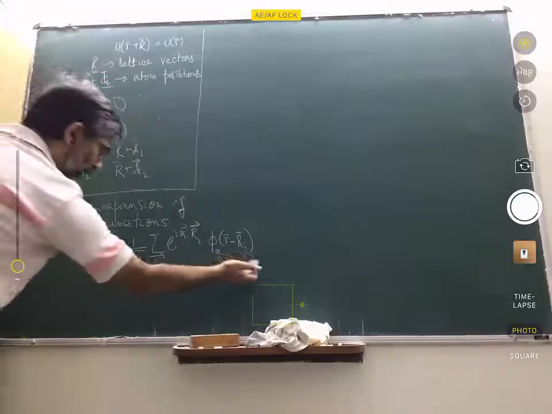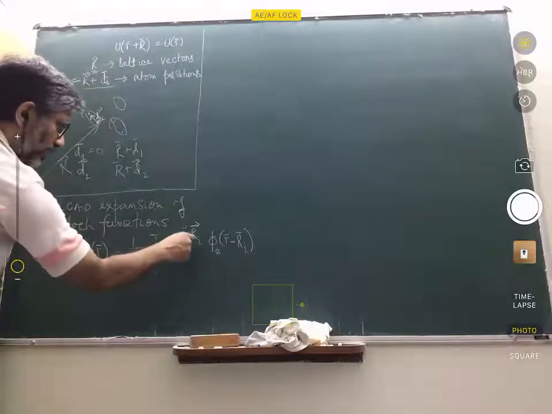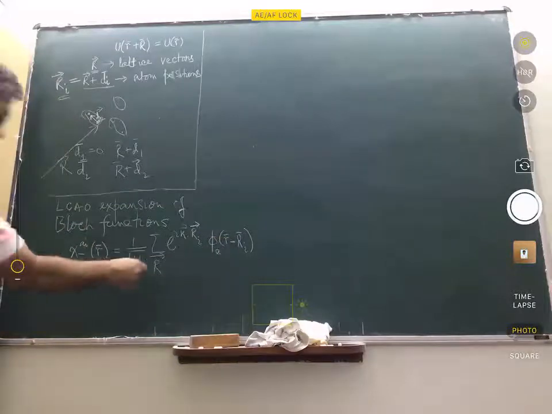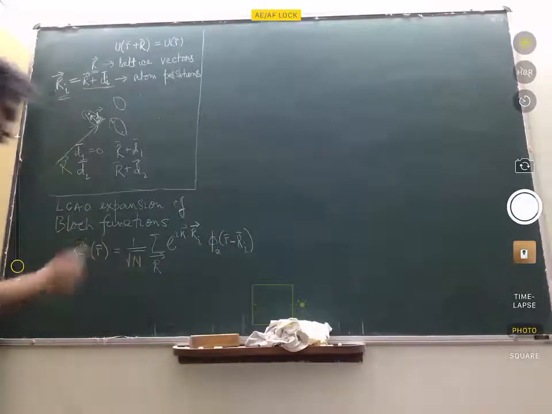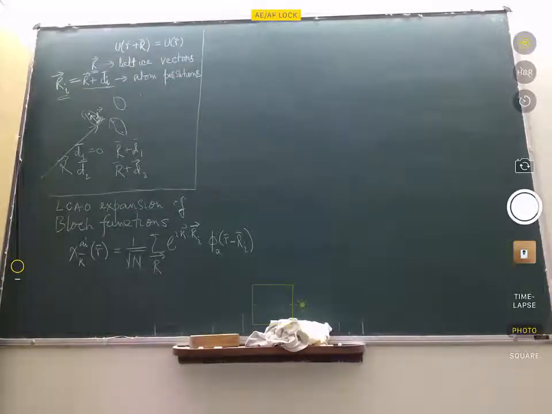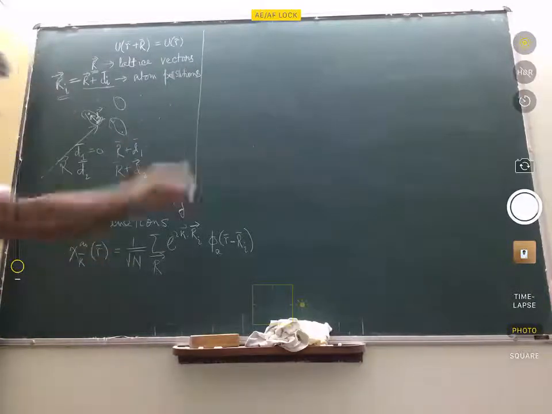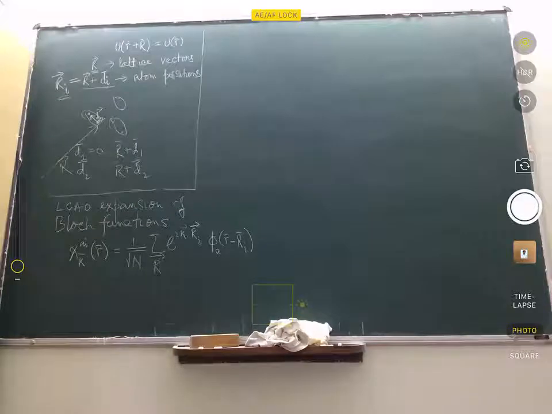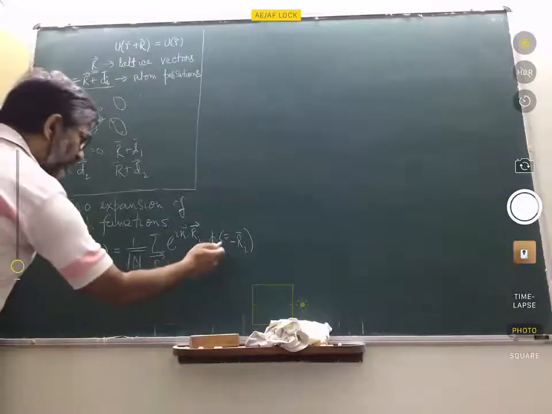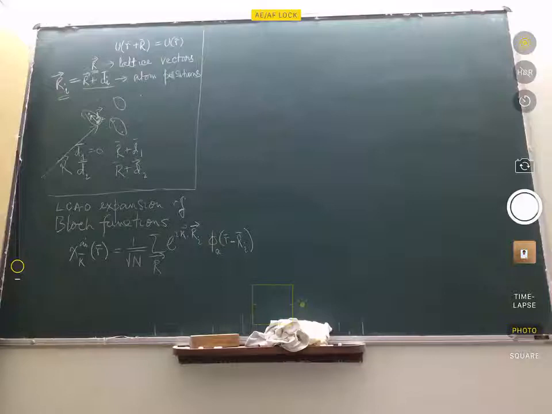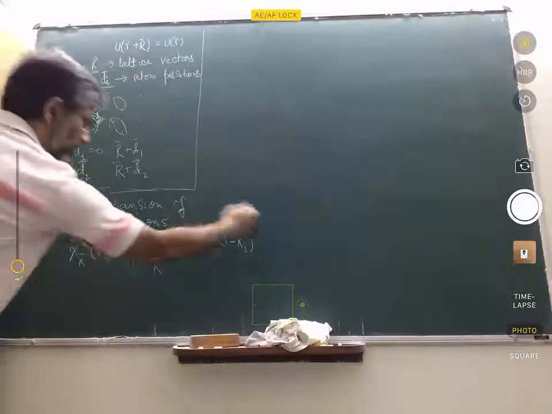So I take that, then e to the i k dot Ri, and I sum over R. This sum over R is a sum over all the lattice vectors in my lattice. N is the number of unit cells I have in my physical crystal. So I take the A-th orbital on all atoms in my crystal.